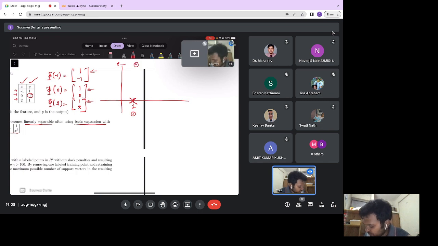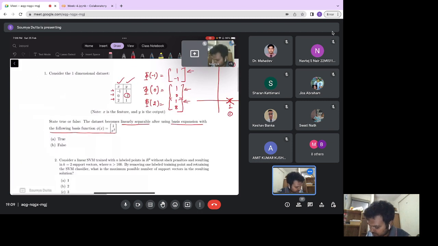So these are the 3 points, and by no means can you draw a linear classifier which would put these two circles on one side of the line, and the cross on the other side of the line, and therefore there cannot be any linear separator. So these points are still not linearly separable after this particular basis expansion. So the answer for this would be false.